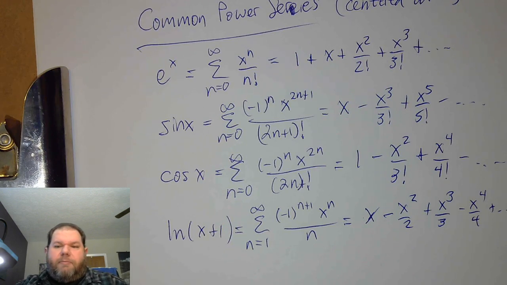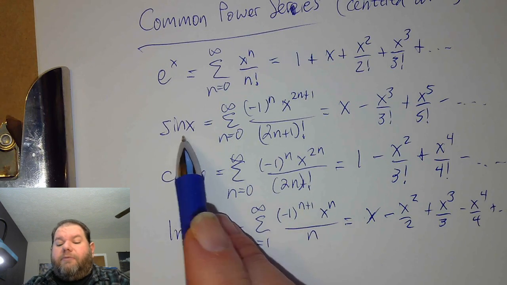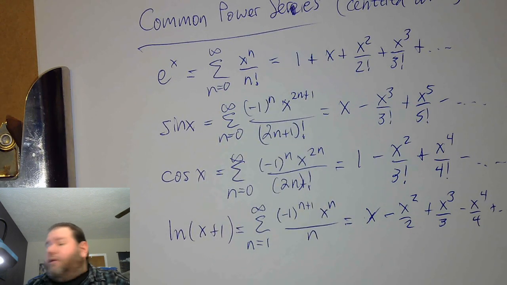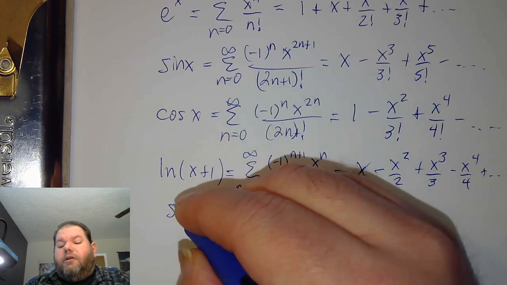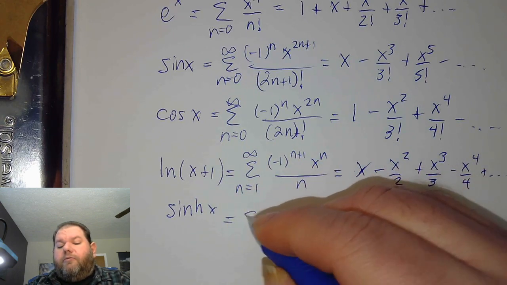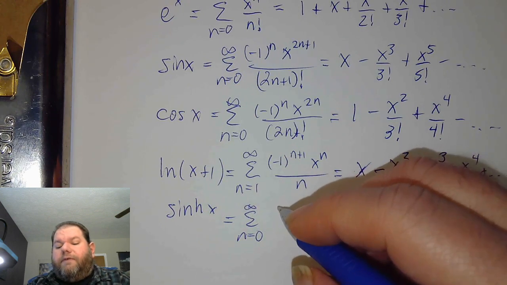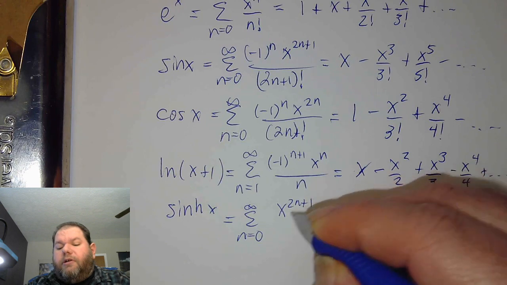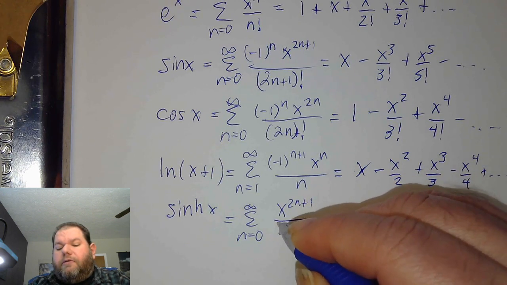We could also do hyperbolic cosine and hyperbolic sine. Hyperbolic sine would be the same thing as sine, but without the alternating term. So I could write that one down. Hyperbolic sine of x will be the sum from n equals 0 to infinity of x to the 2n plus 1 over 2n plus 1 factorial.